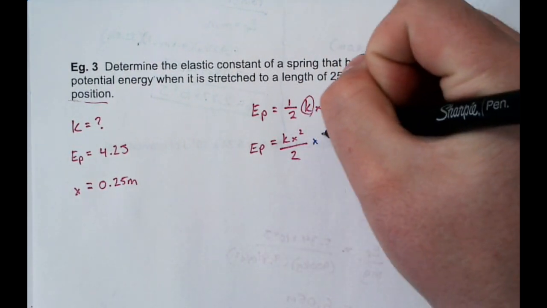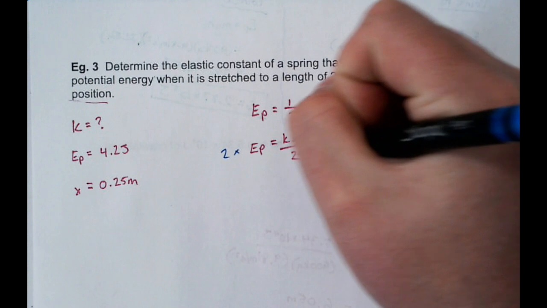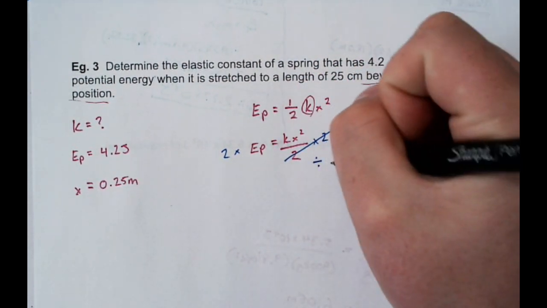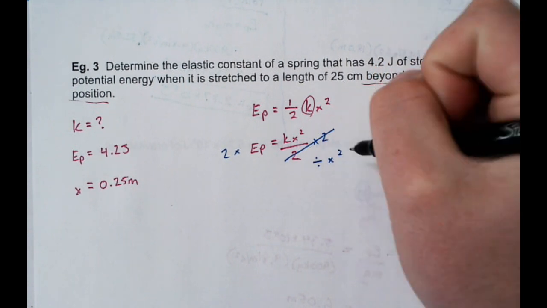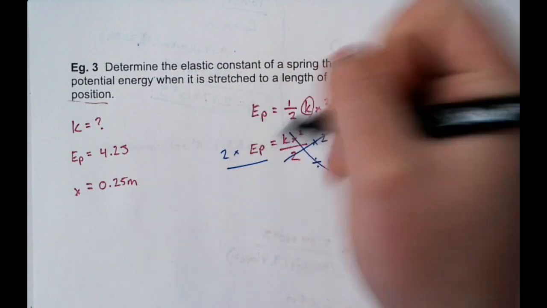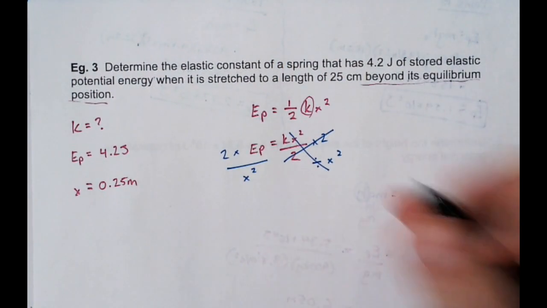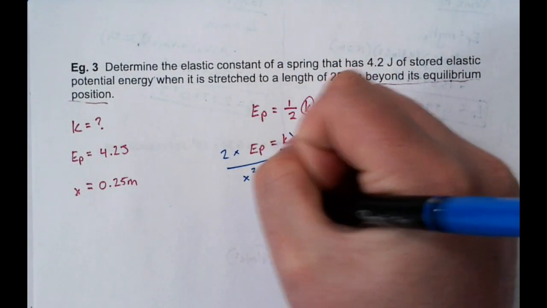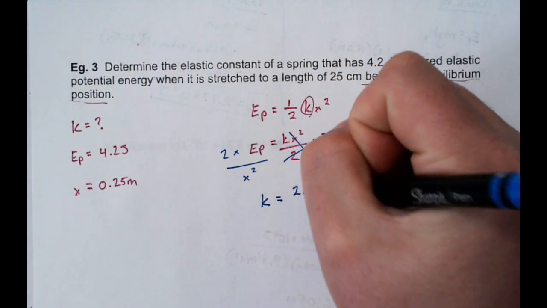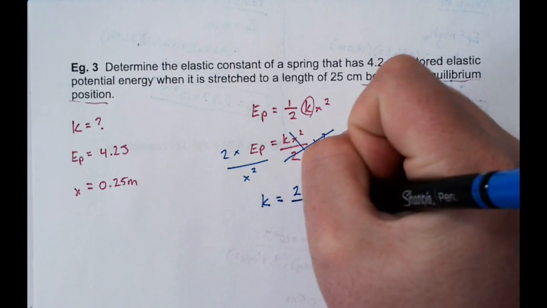So I'll multiply both sides by 2. That'll cancel out. And divide both sides by x squared. That'll cancel out on this side. I'll rewrite that to make it look a little neater. So K is equal to 2 times the potential energy over x squared.